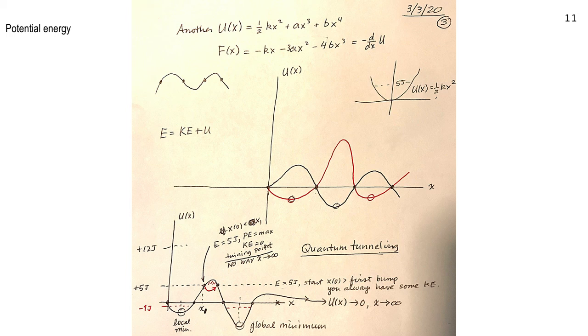The same way, if you're moving to the left and you only have 5 joules, you're going to stop right here at this outer turning point and then turn around and go back out to infinity. But this one in here, no, you're not trapped. So what this tells you is that at 5 joules, you're either trapped in here, or you're a free particle out here, way out here, considered a free particle without any potential, just kinetic.